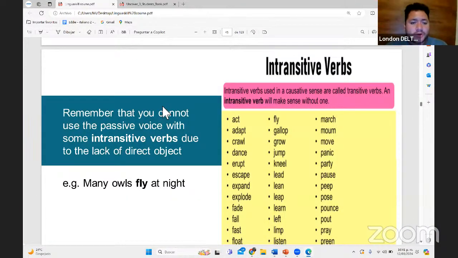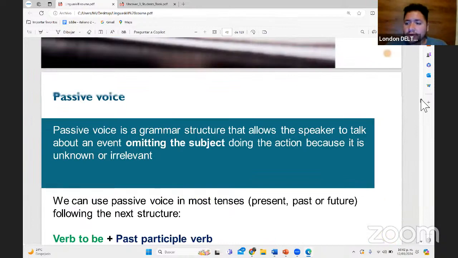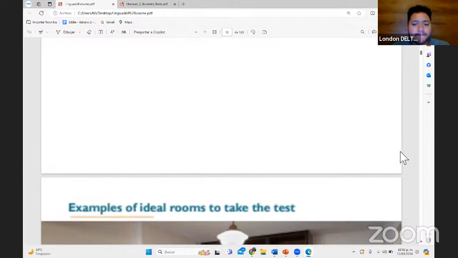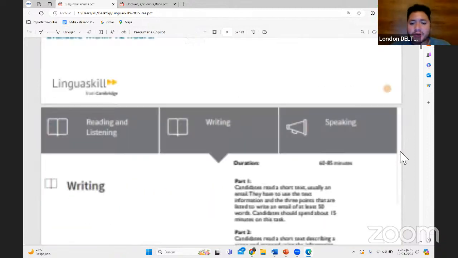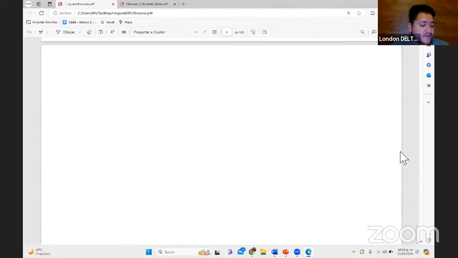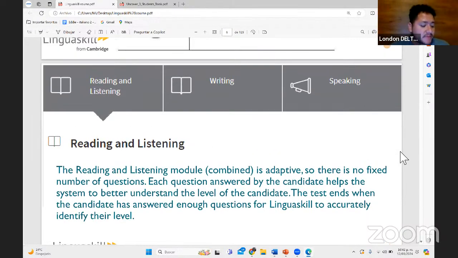Okay, so the verbs. Let's compare again some verbs, the transitive and intransitive verbs.